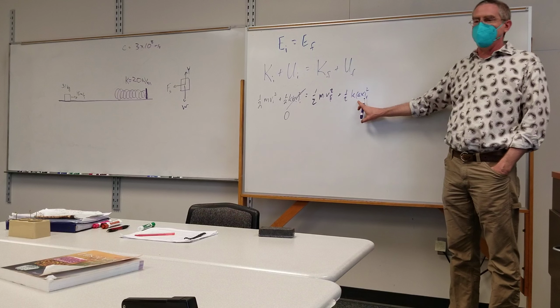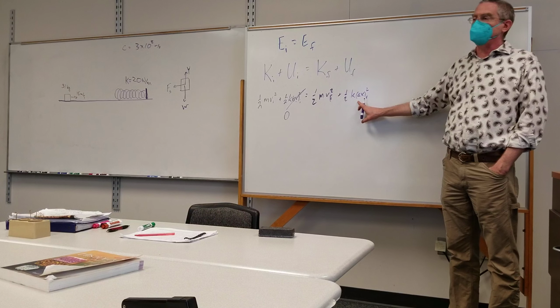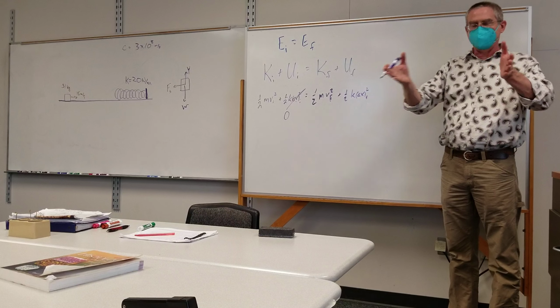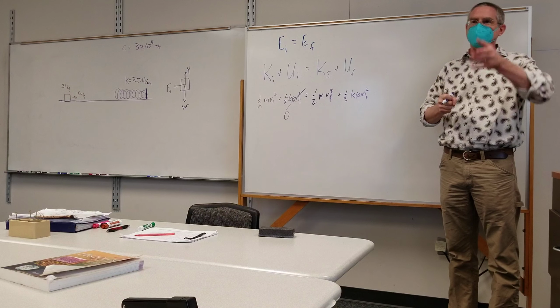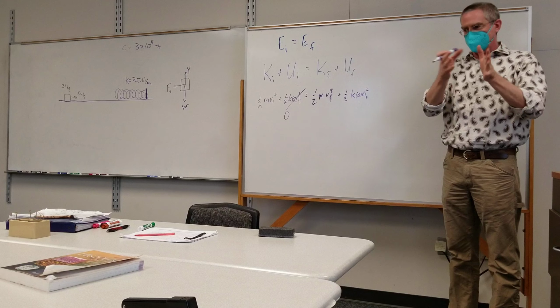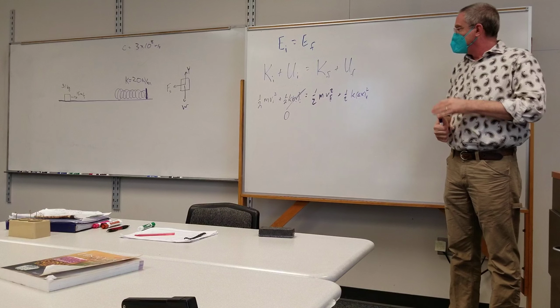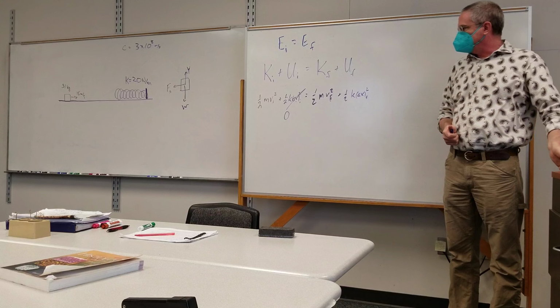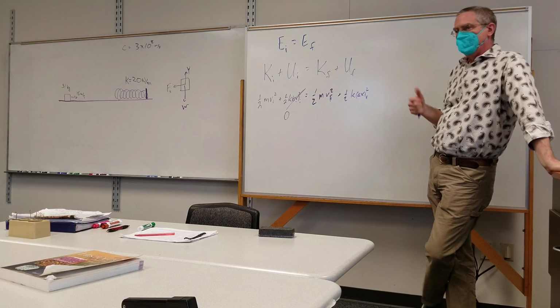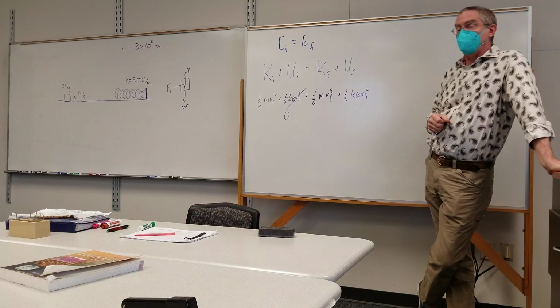When it's most compressed, it definitely cannot be 0, because the spring is not in equilibrium, which I guess goes to Hannah's point. It does want to move back to here. It is not in equilibrium. All right, so as a hint, there's one other thing that we can set equal to 0.